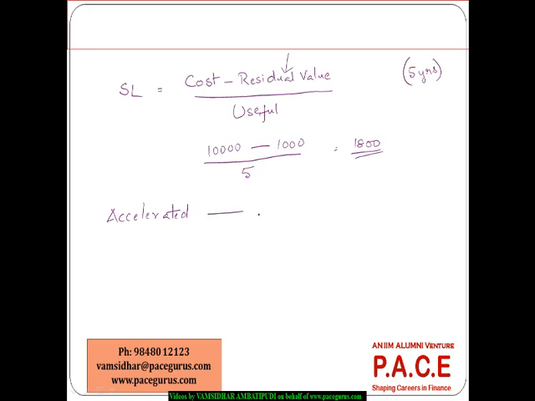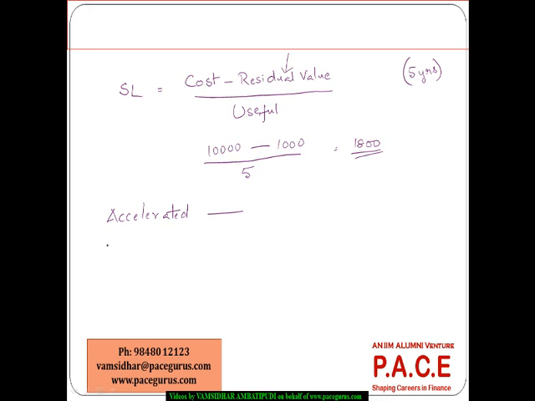Probably depending on the usage, I would try to speed up. Instead of showing 1,800 over all the years, I will show slightly bigger numbers in the initial period, and it keeps going down and down over the later periods. But overall, the total will still be 9,000 only that is allocated.